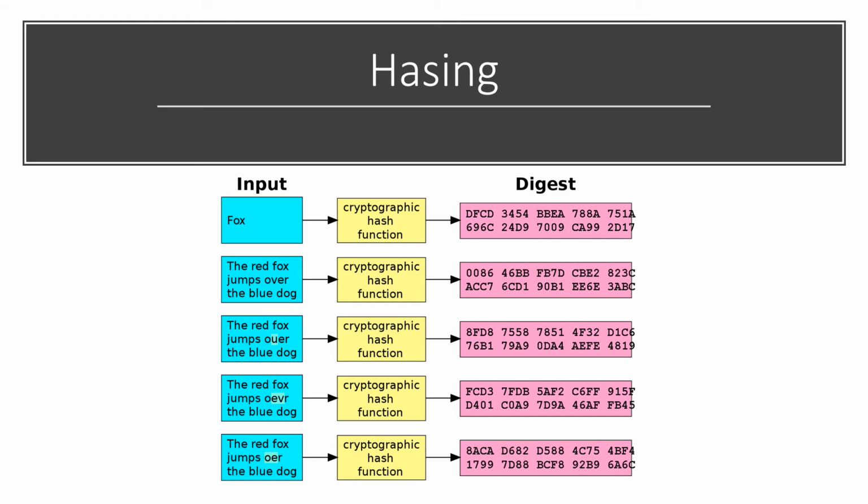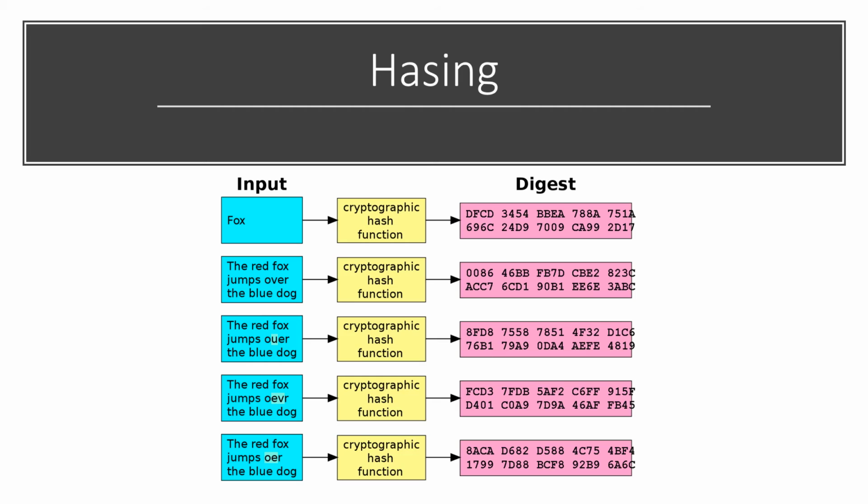However, with one input and with the same hashing method, there will be only one ciphertext, and even if the input is changed a little bit, the digit will be completely different.